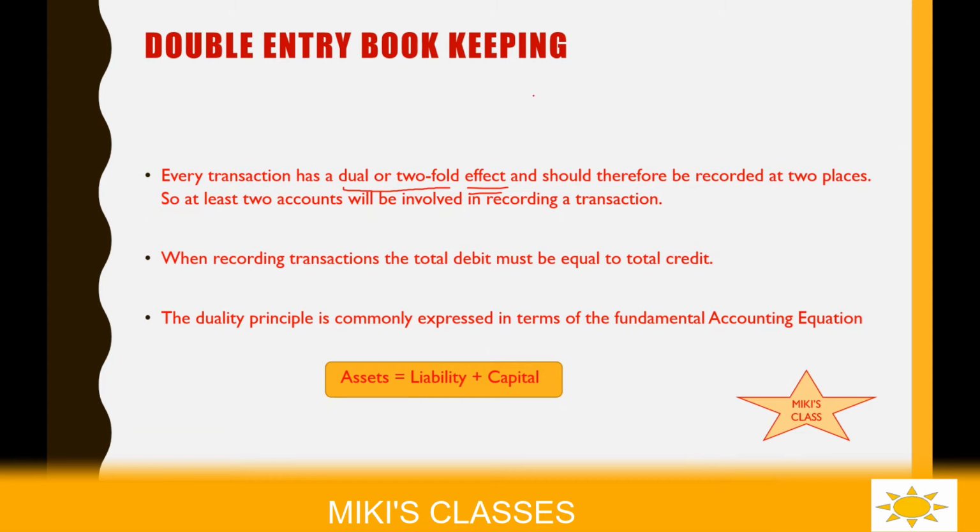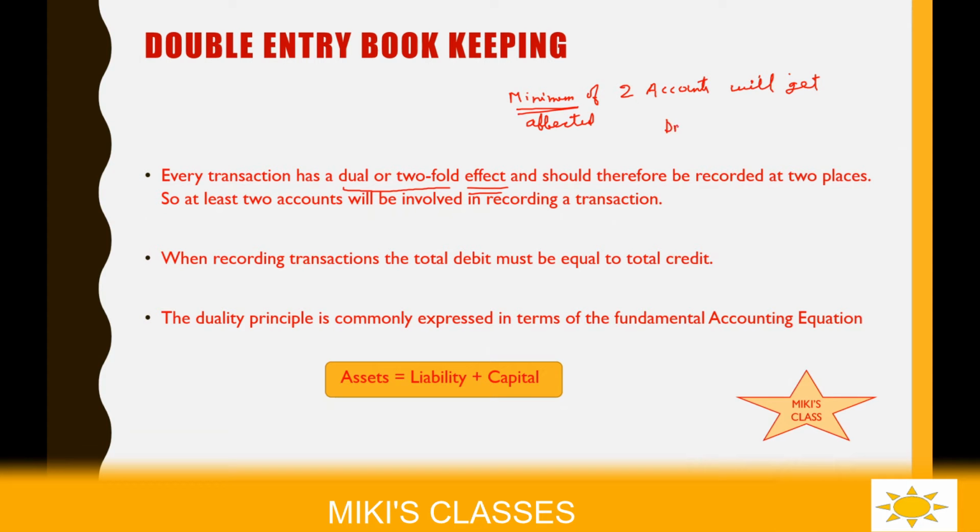So there will be a minimum of two accounts which will get affected. Okay. It can be more. This is saying minimum, not maximum. So minimum of two accounts has to be there. There can be more, but the minimum of two has to be there.